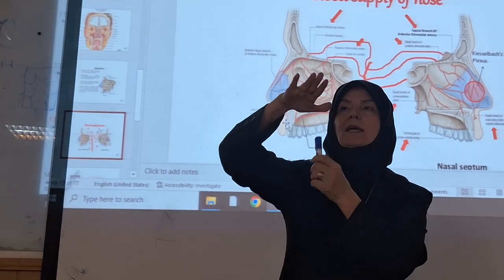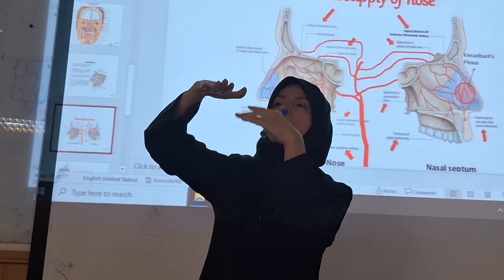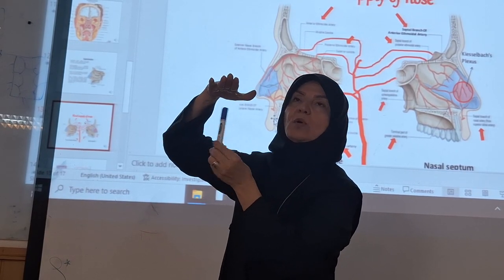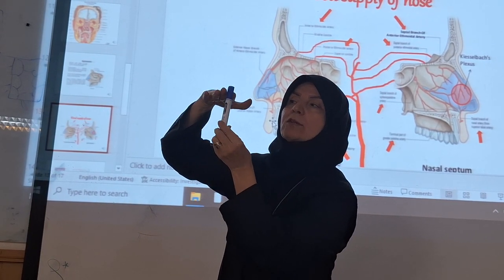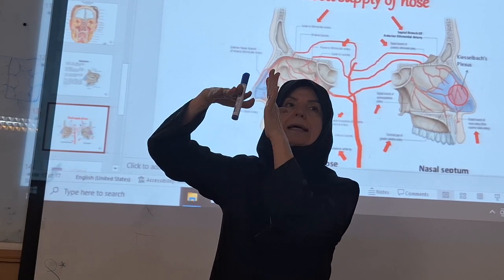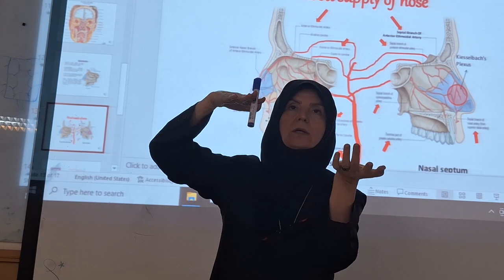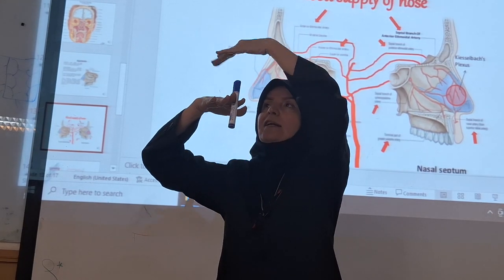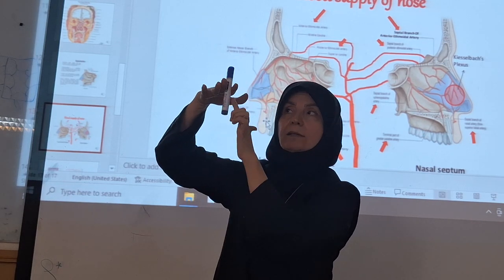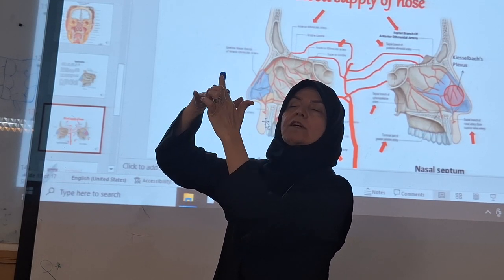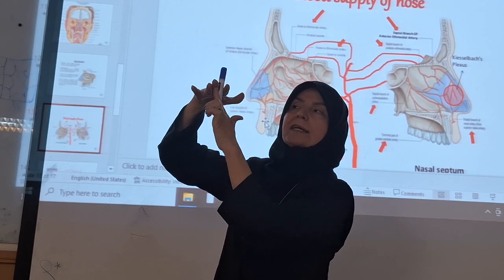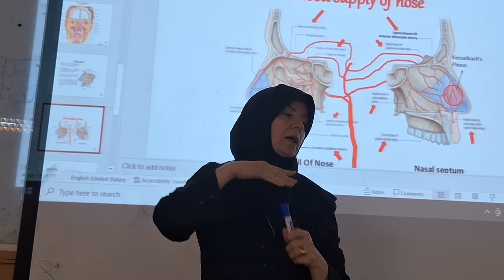If you imagine, here is the oral cavity and here is the nasal cavity. This artery leaves the oral cavity to access the nasal cavity. What's the name of this artery? Greater palatine artery. And from the nasal cavity to the oral cavity, a nerve is passing. Very soon I am going to give you the name of the nerve. It is leaving the nasal cavity to access the oral cavity.